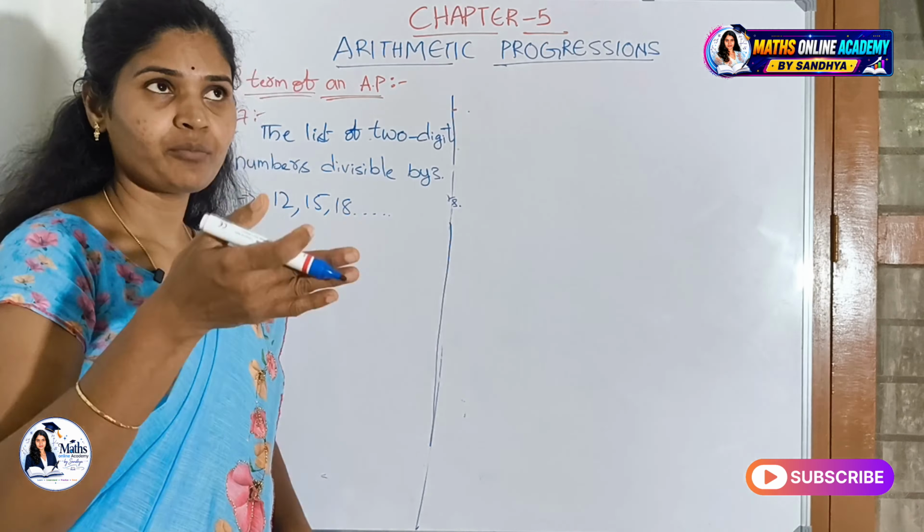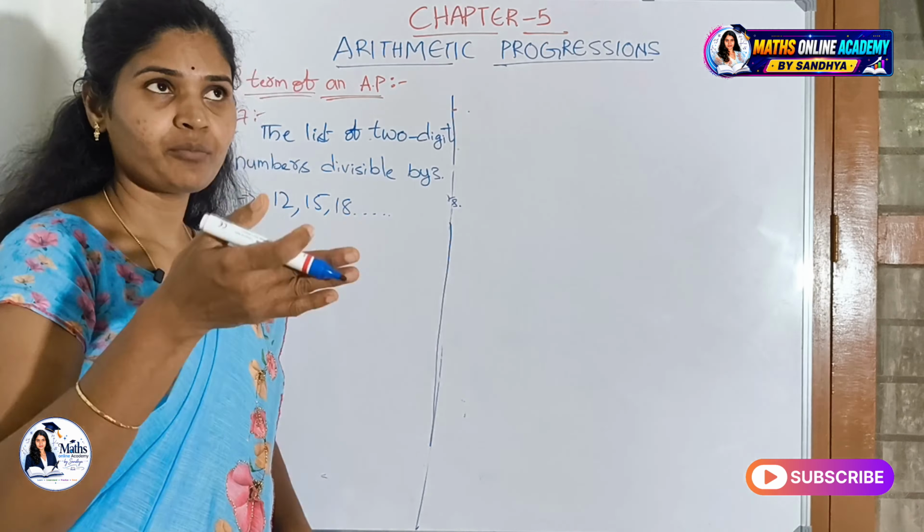Here A is 12 and D is 3. Let's see how many. How many means how many numbers are there. So we know the nth term is 99. So here AN is 99. What is the formula for AN? A plus n minus 1 into d equal to 99.